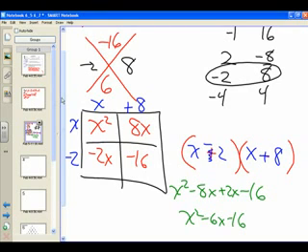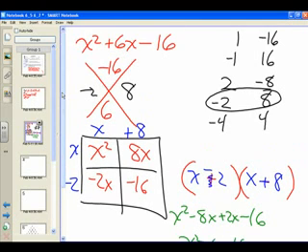But remember, go back to the problem, the equation. Remember, if that positive is a negative, then both of them are negative. If this is a positive and that's a negative, then both binomials are negative. If they're both positive, they're both positive.